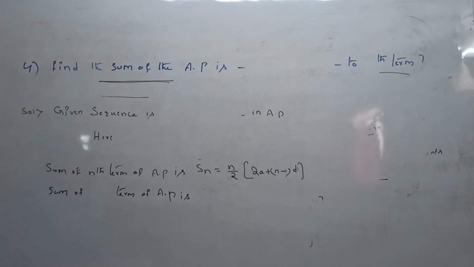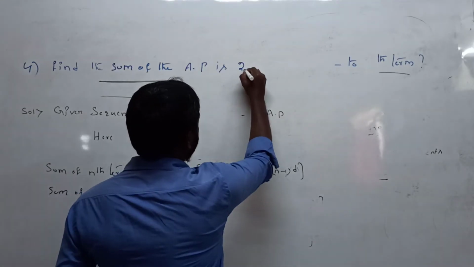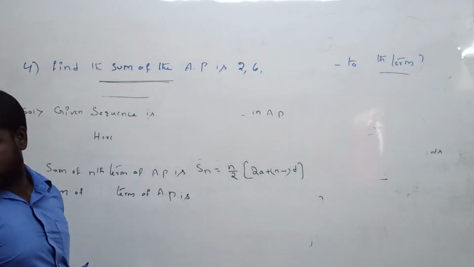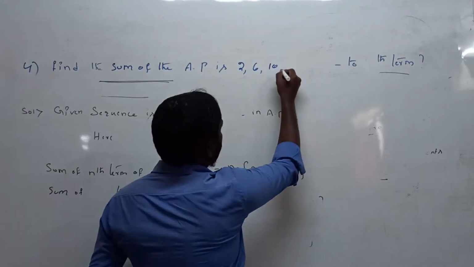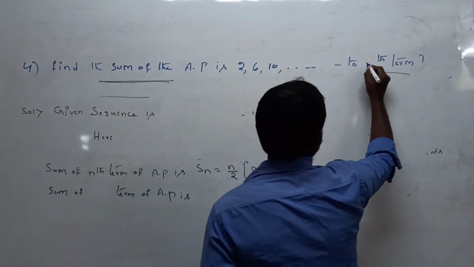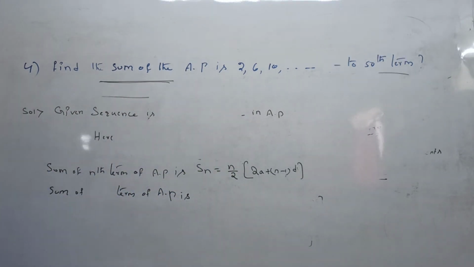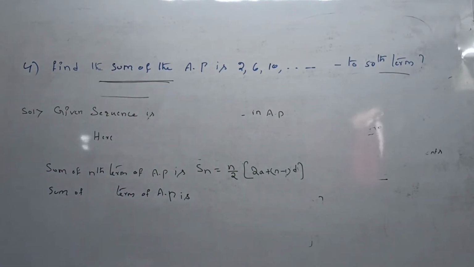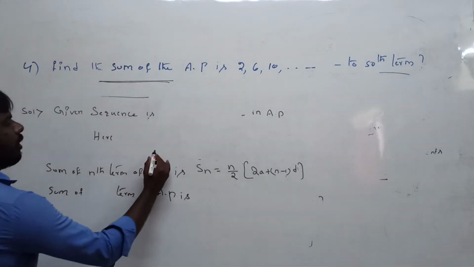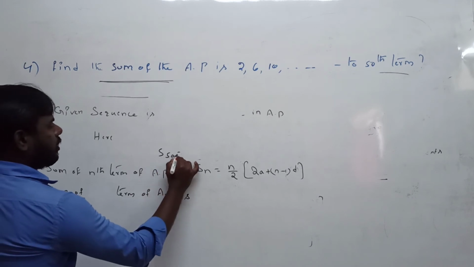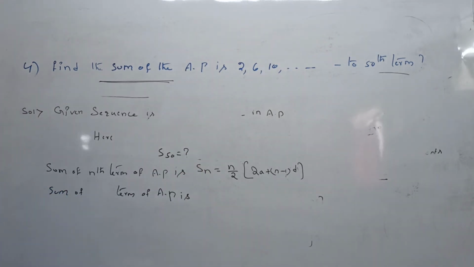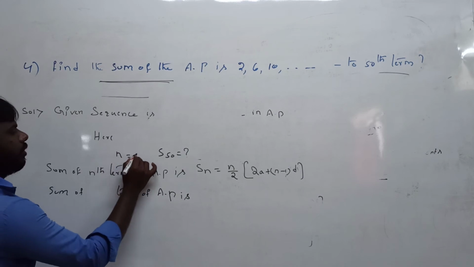Find the sum of the arithmetic progression 2, 6, 10, and so on to the 15th term. To calculate the sum of the 15th term, the given n is equal to 15.